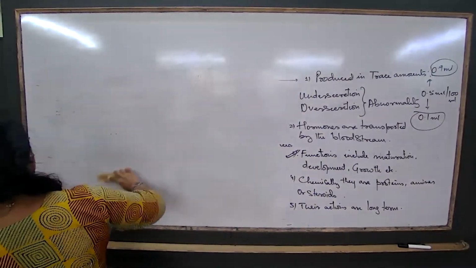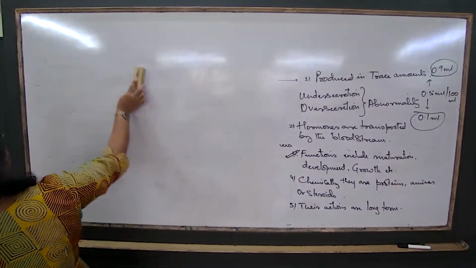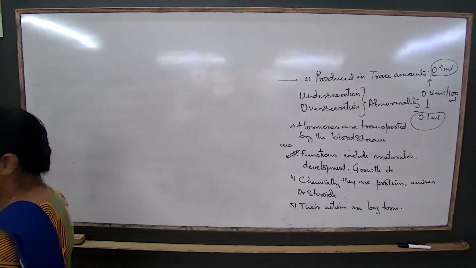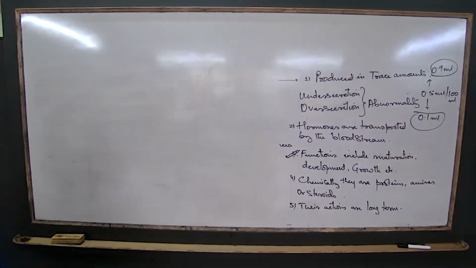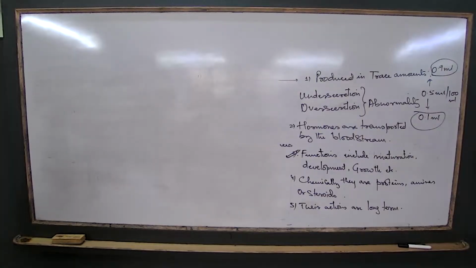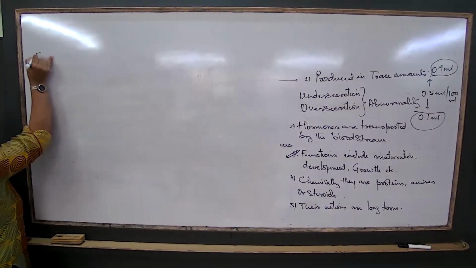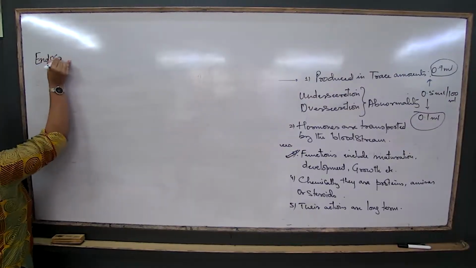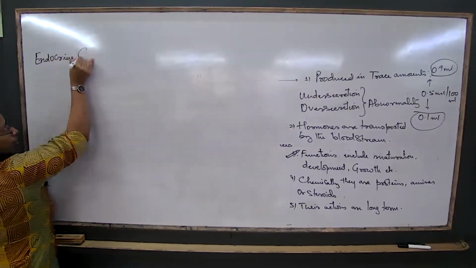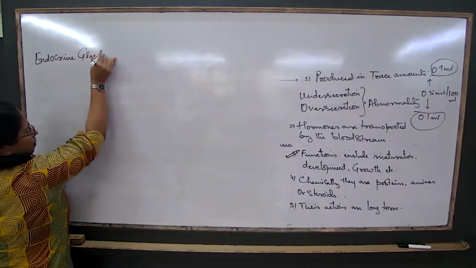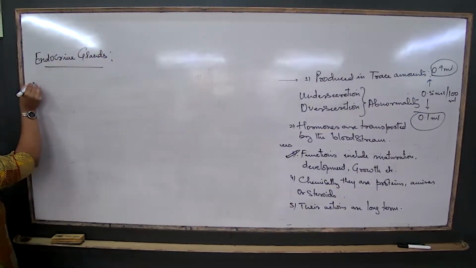Now, as per your portion, we have to study 4 glands. If you see the textbook, which are the glands we are going to study? There are many endocrine glands.